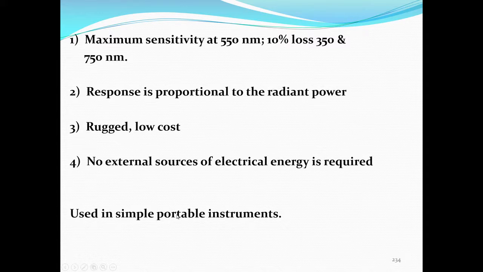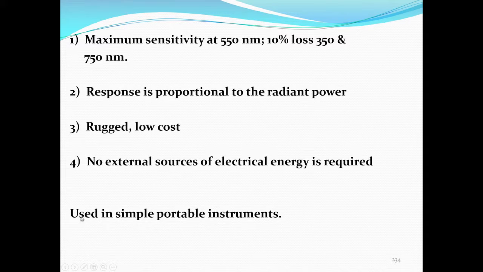So, this is used in simple portable instruments, because it does not require any additional electrical energy. But as a high end detector, it is not very accurate, because loss of radiation is approximately 10% around 350 and 750 nanometers.